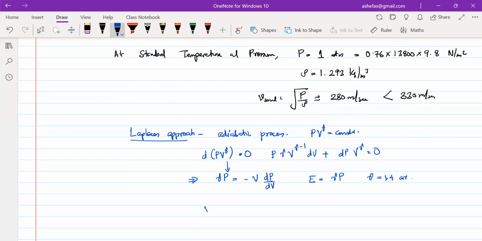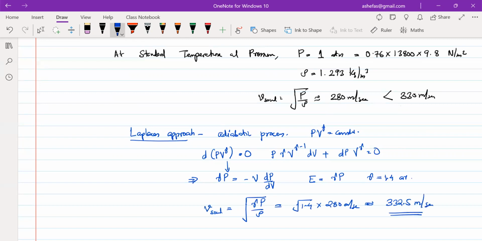Finally, what is the speed of sound? Theoretically, it would be equal to square root of gamma P by rho, which is equal to square root of 1.4 times 280 meter per second, approximately equal to 332.5 meter per second.